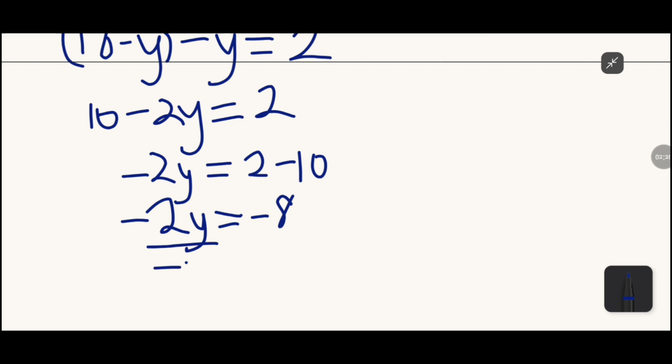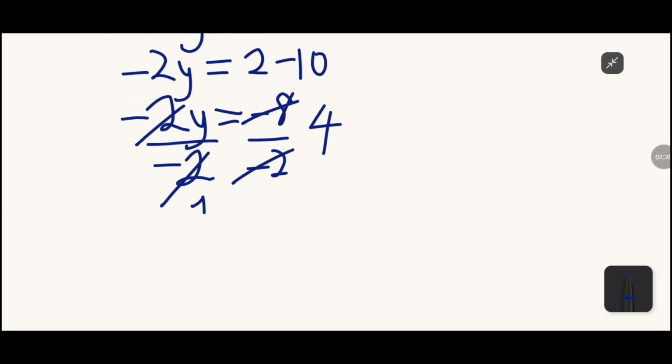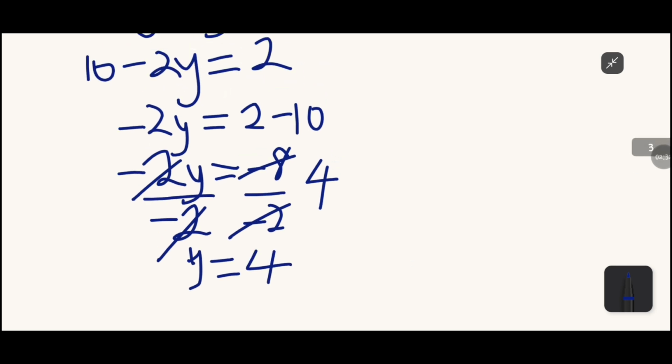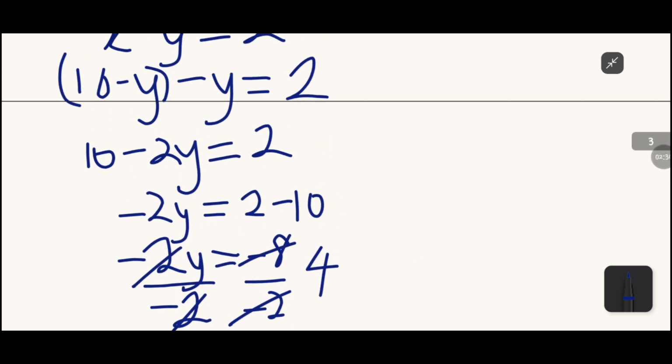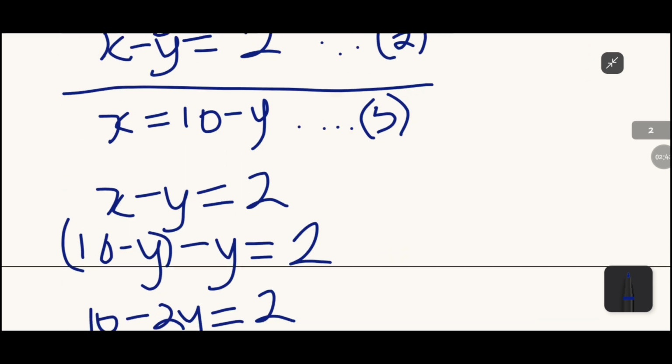So dividing by minus 2, this cancels this, left with 4. So our y is equal to 4. Now, y is equal to 4. We are now going to put y equal to 4 into either equation 1 or equation 2.